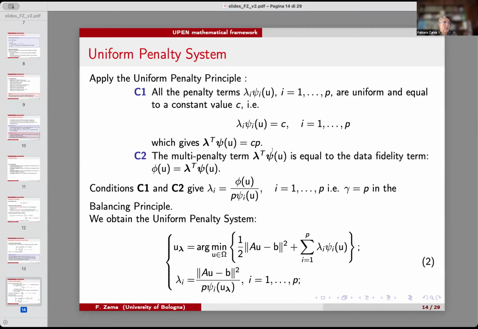And the second building block is that the multi-penalty term is equal to the data fidelity term. So we define this C as the value of the data fidelity term. So what we have is that lambda_i can be written for each term as the ratio of these components. So this is the uniform penalty system.